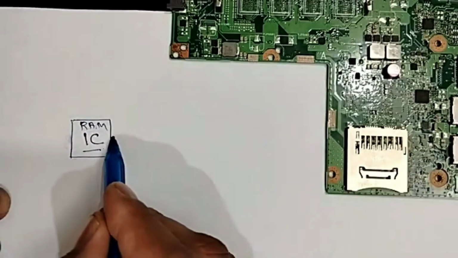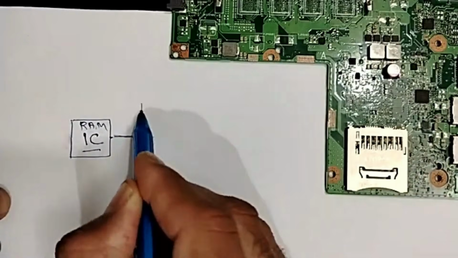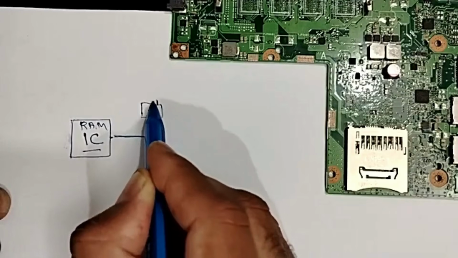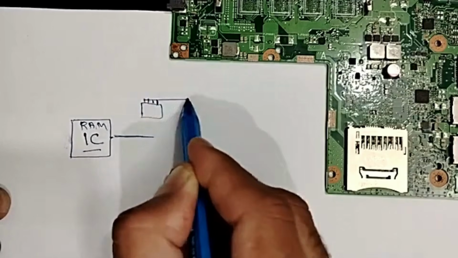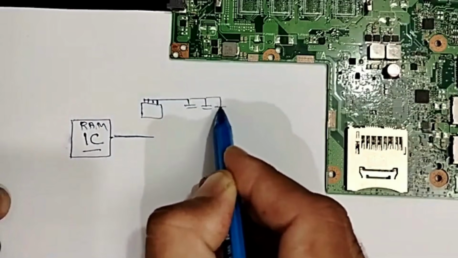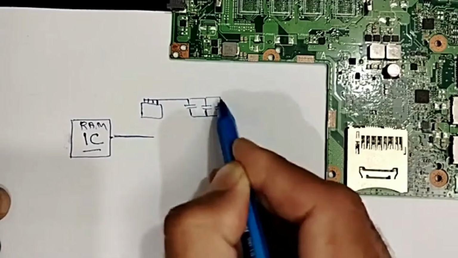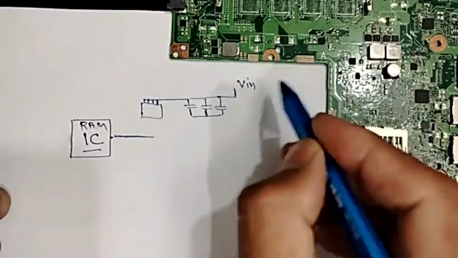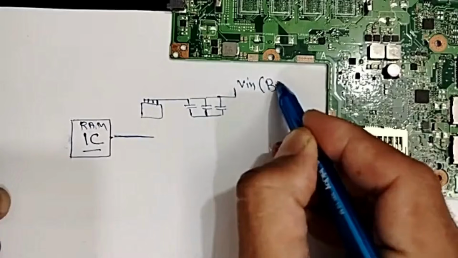We have the IC, okay. Here we have the first MOSFET. Always the drain of the MOSFET is connected to some filtering capacitors. Usually we find three, and here we have the VIN, or basically we call it B plus.